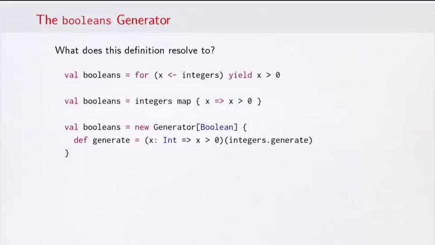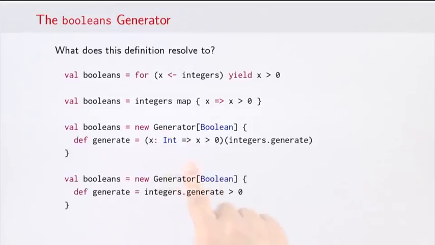And that, of course, can be simplified by just doing a so-called beta reduction. So we apply the function to the argument and we reduce it in one step to what you see here. So that's exactly the generator for booleans that we started with.